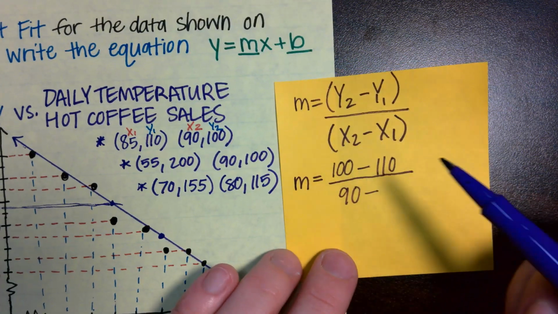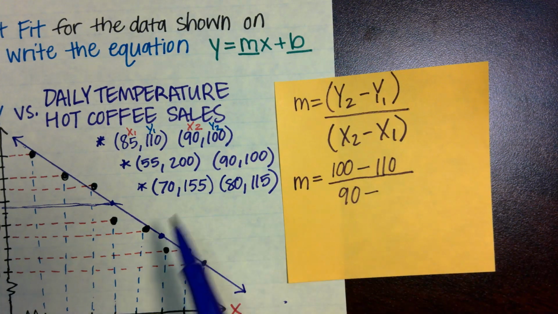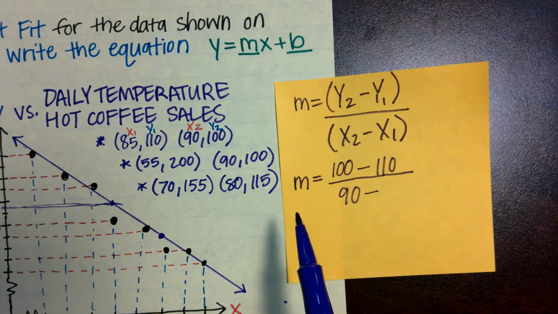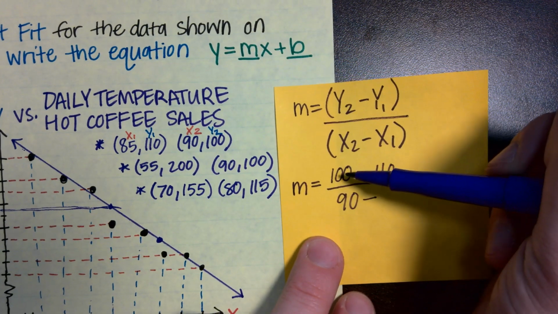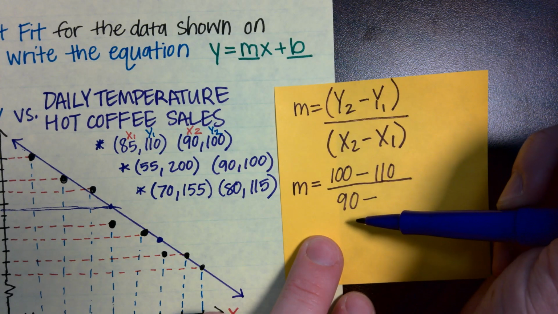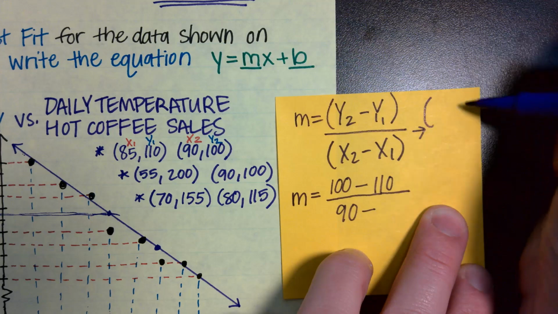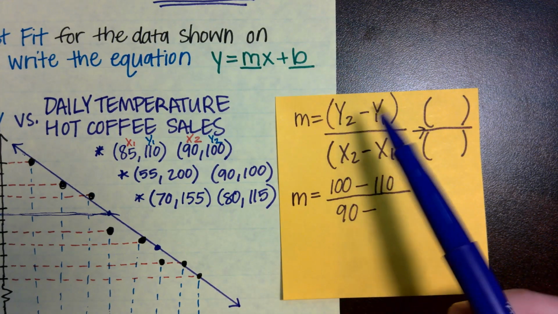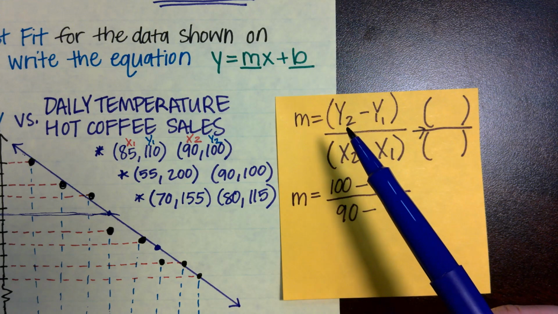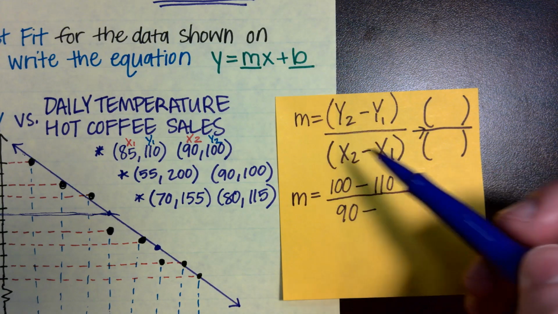Does it matter which coordinates you write up there first? As in, if we did 90 over 100 and then 85, 110? Do you mean like, could I do 110 minus 100 and then 85 minus 90? Yes, that is a great question. So I'm going to explain that for everybody real quick. Normally we write it as y2 minus y1 over x2 minus x1.